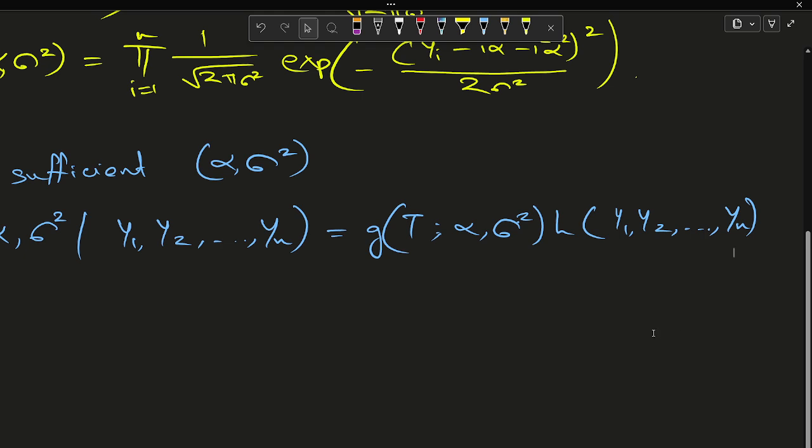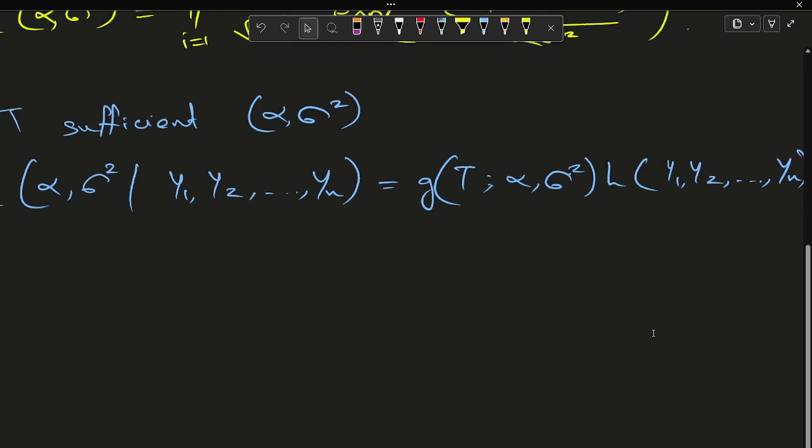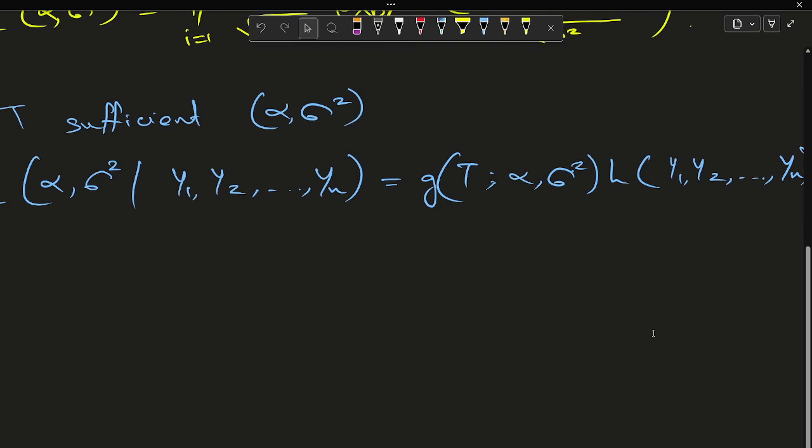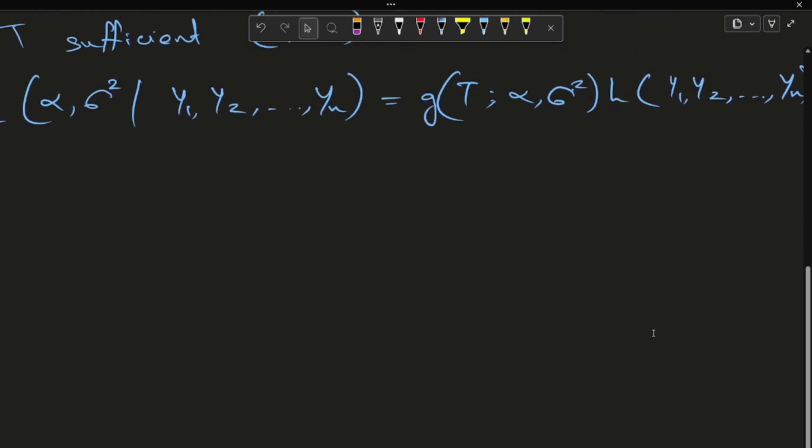In this case we examine the structure of the quadratic terms in the likelihood. So the quadratic forms in the data: the likelihood depends on the following summations.